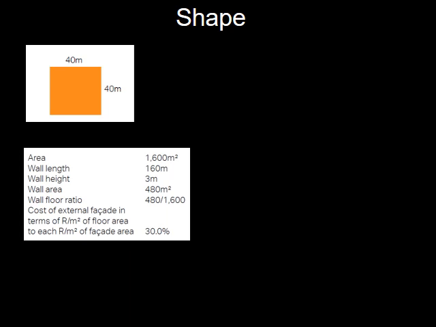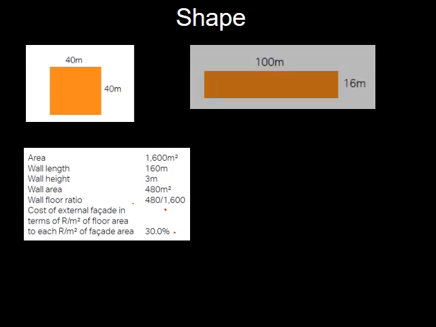The wall area is thus 480 square meters, and then you've got your wall to floor ratio of 480 over 1,600, and you can calculate the cost of the external facade in terms of rand per square meter of the floor area based on this. So it works out at roughly 30% of your cost.